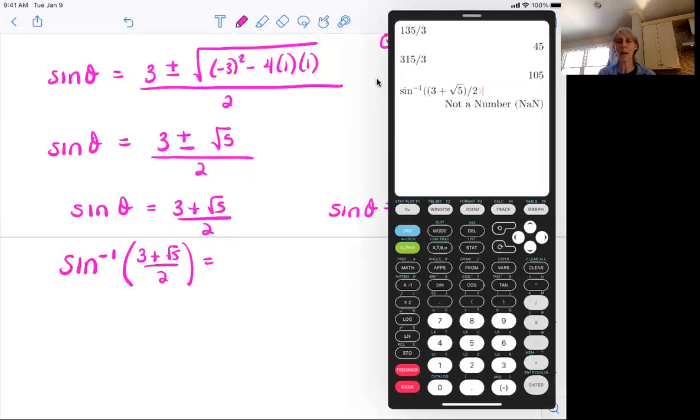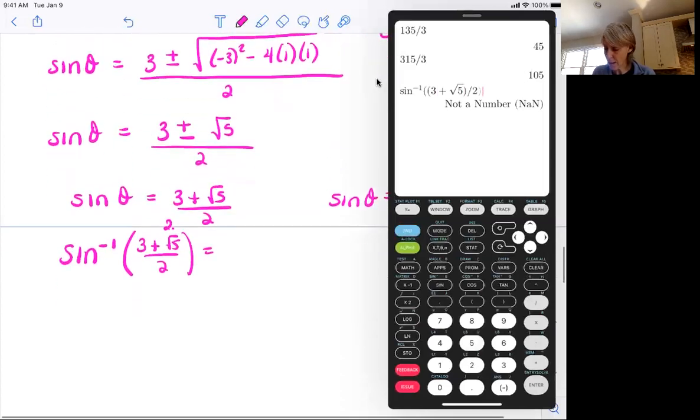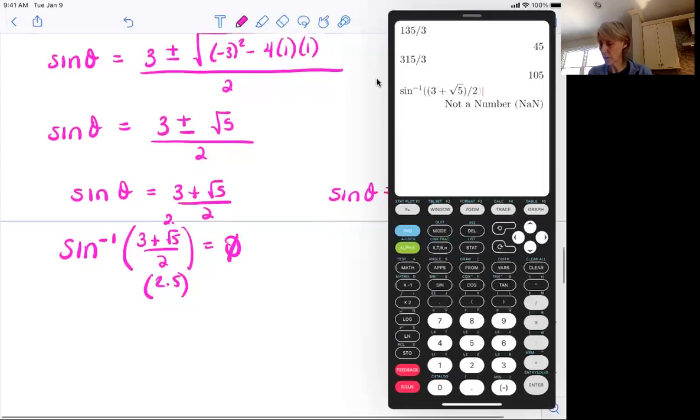And that's going to be not a number. If you think about this, the square root of 5 is 2 point something, right? 3 plus 2 is 5. 5 divided by 2, this number is approximately 2.5. We actually could have got the number before we did this, but this is going to be no solution.